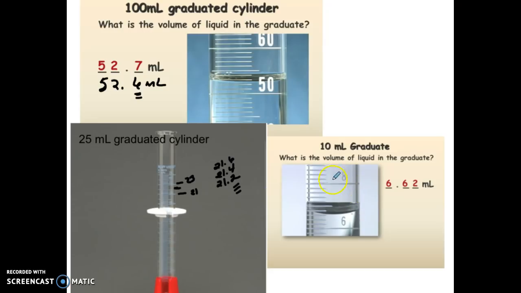Finally, the 10 mL graduated cylinder. This is an example of the one that we have in our class. Actually, they go up by 1s. There should be a 7 here; I don't know why there isn't in this picture. With these, you can guess the guessing digit into the hundredths place.